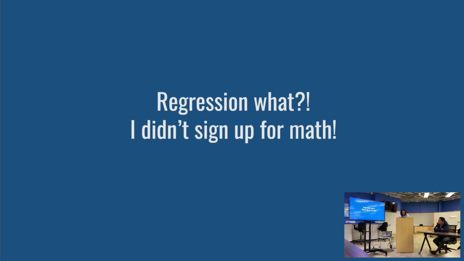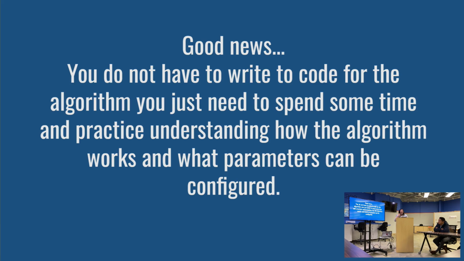You didn't sign up for math. Just like with everything else, you don't have to write the code for the algorithm. It's already created. But you do have to understand what it's doing, how it works, and how to configure the different parameters that you can specify.